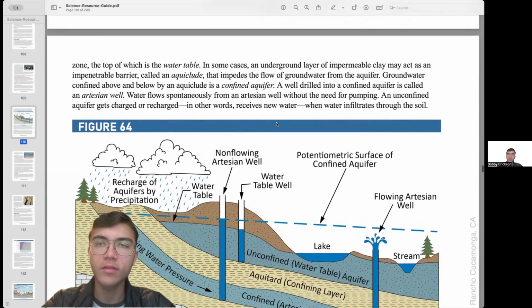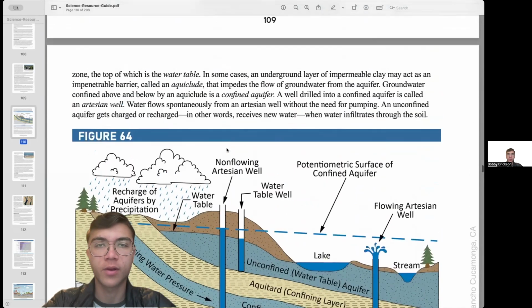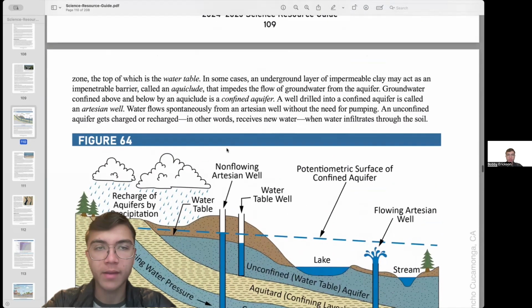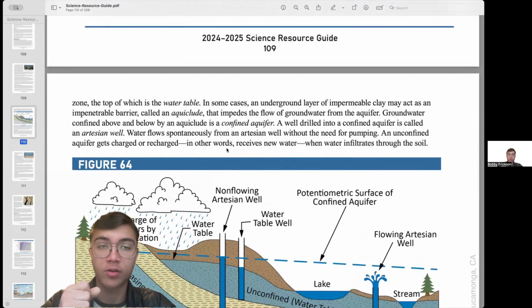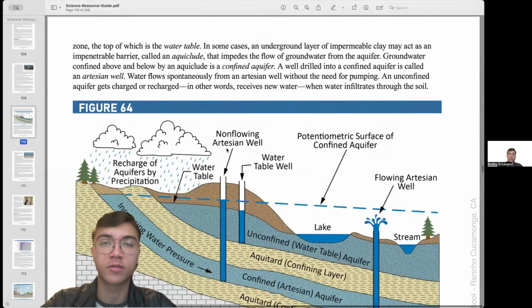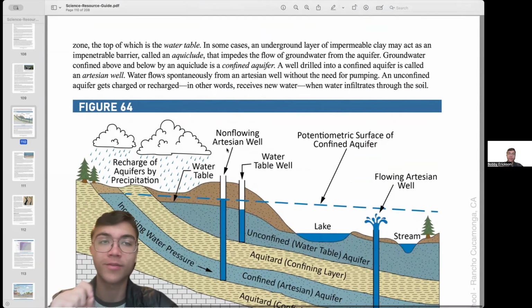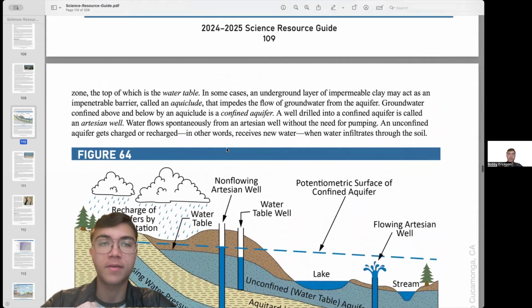And so if you drill a well into one of these confined aquifers, this is called an artesian well. And so there's actually no need for pumping in order for the water to flow out of it because there's a lot of pressure in these confined aquifers.